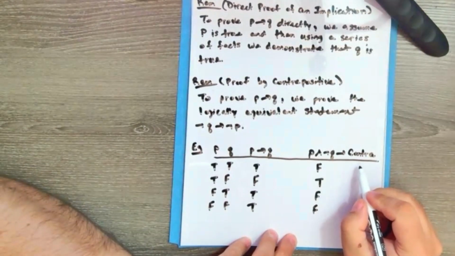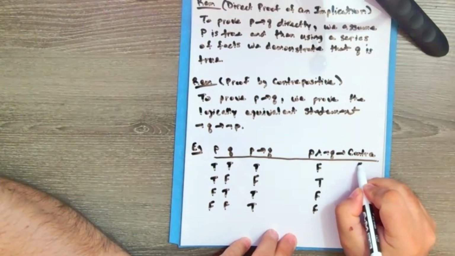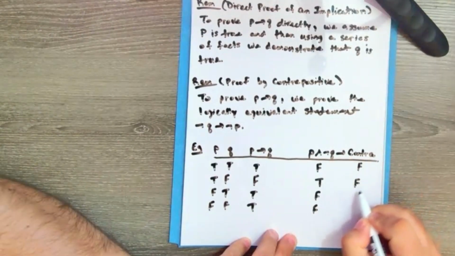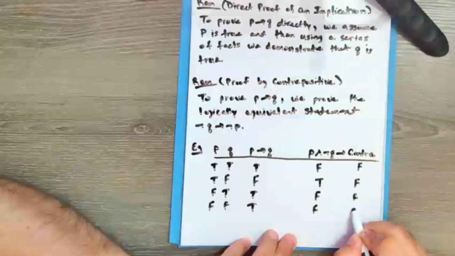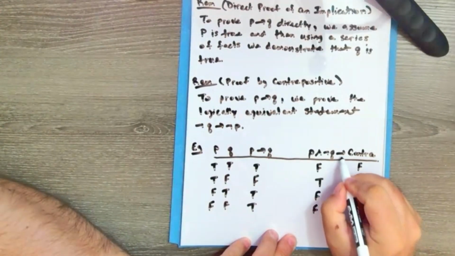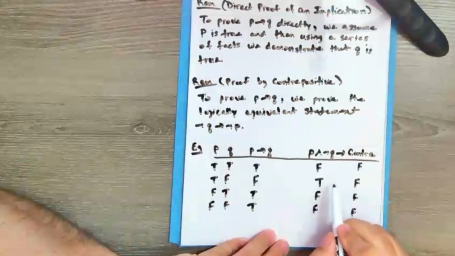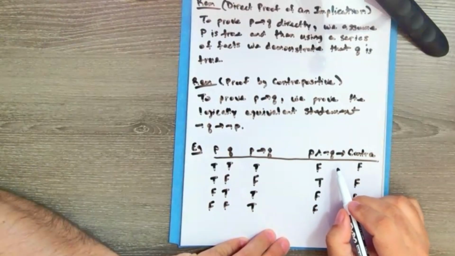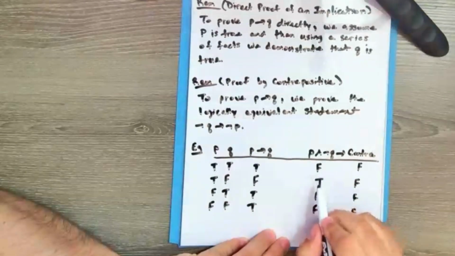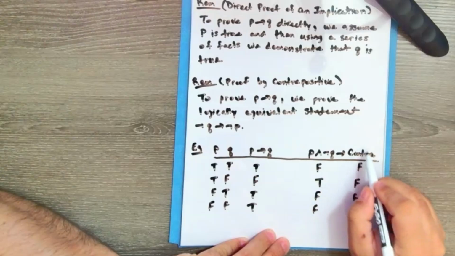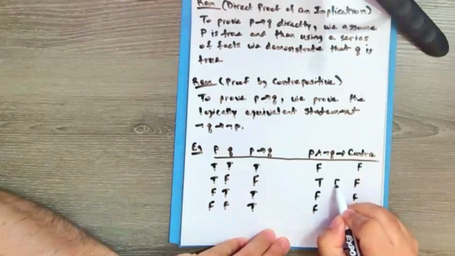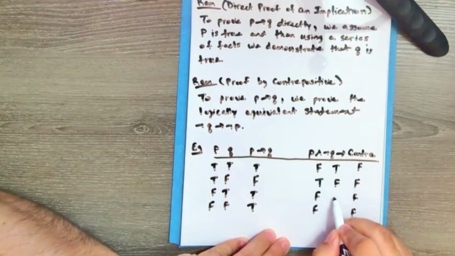Now, a contradiction is a statement that is always false. So now we look at the implication, and this implication is false precisely when the hypothesis is true and the conclusion is false and is true otherwise.